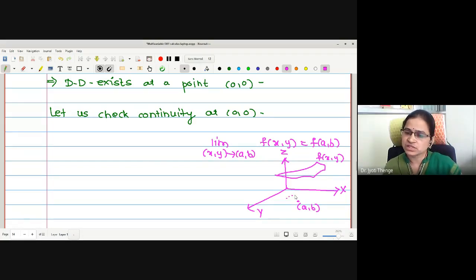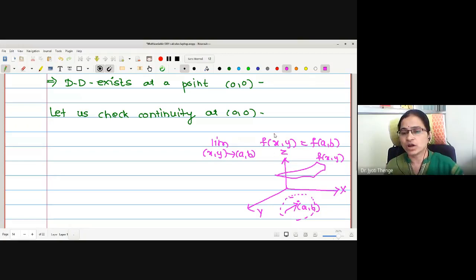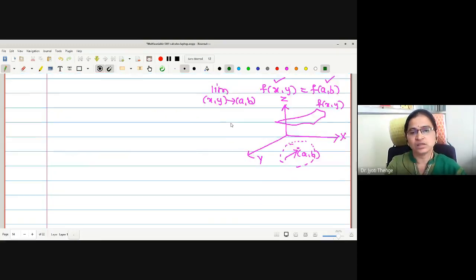This comes with a neighborhood, that is, the point xy can reach a, b along all possible paths. Therefore, to check continuity, we will find out whether the limit exists for this function and whether its value is equal to f of a, b along the respective path.